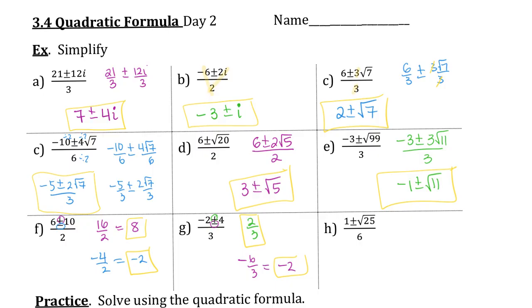I know the answer to the square root of 25, so I'm going to keep going. So this is 1 plus or minus 5 divided by 6. If I do 1 plus 5 divided by 6, that's 6 divided by 6, which is 1. If I do 1 minus 5, I get negative 4 over 6, which doesn't divide, but I could simplify it by 2, which will give me negative 2/3.